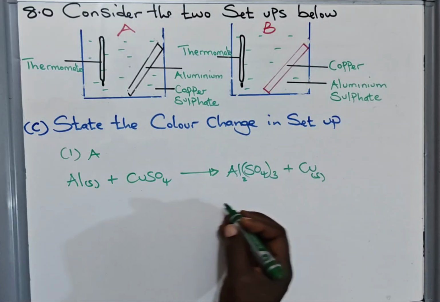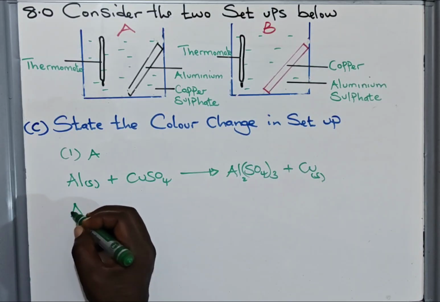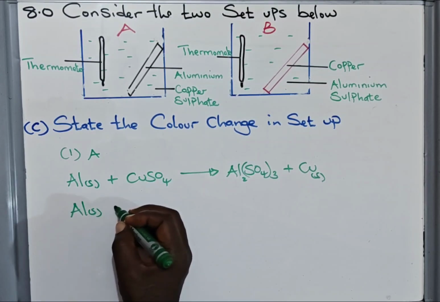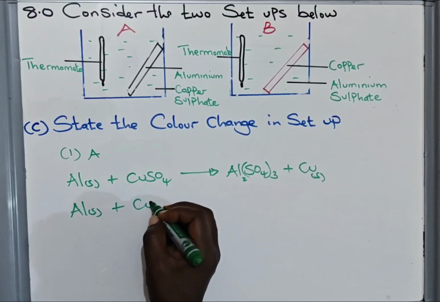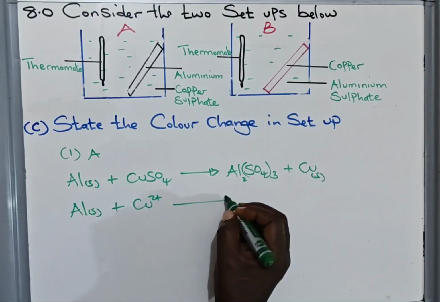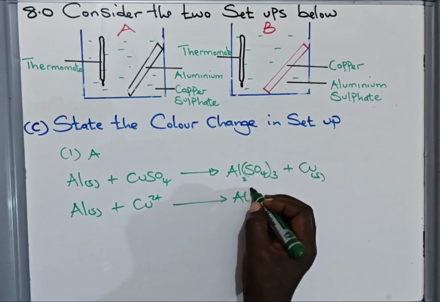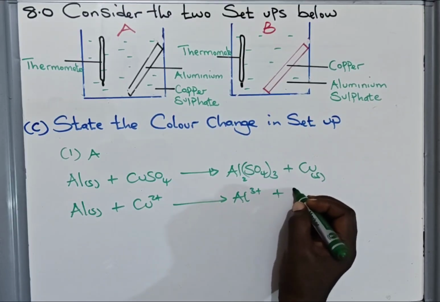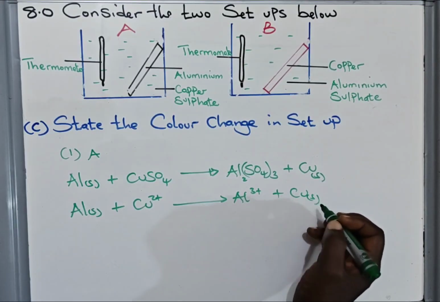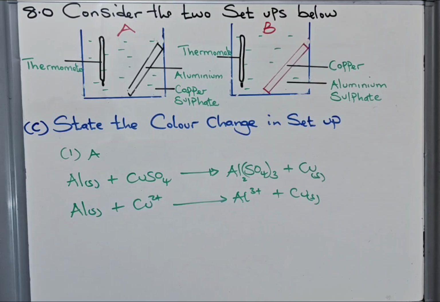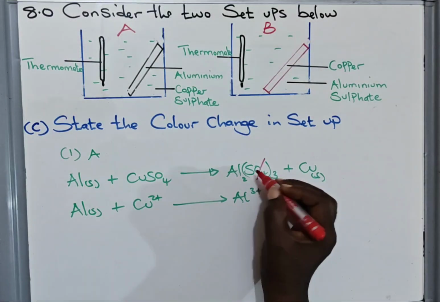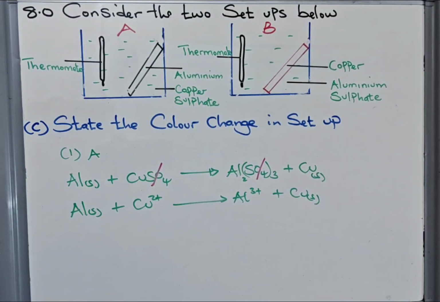If you interpret this ionically, we have aluminium solid plus copper 2 ions, giving you aluminium ions plus copper solid. You need to be reminded that the sulfate ions are spectator ions, so we can ignore them in the ionic equation.